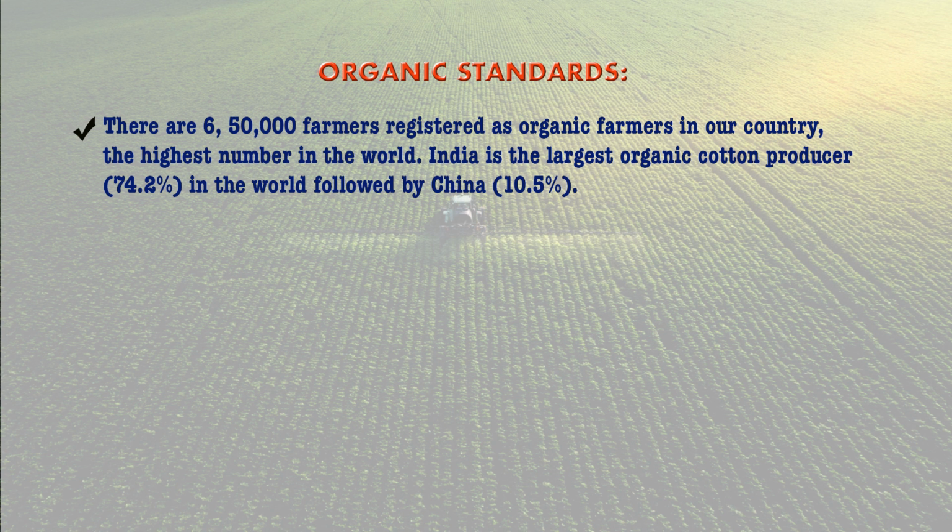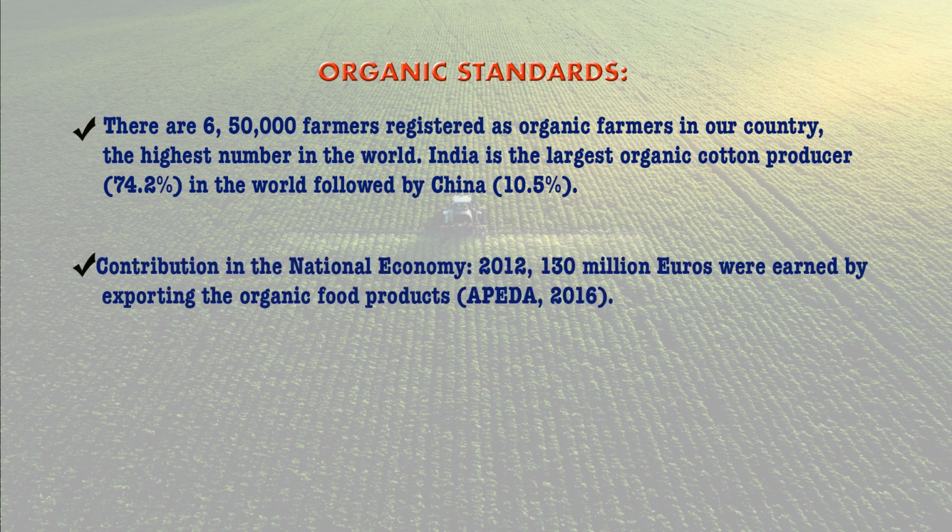India is the largest organic cotton producer at 74.2% in the world, followed by China at only 10.5%. And in the contribution to the national economy, in 2012, 130 million euros were earned just by exporting these organic food products alone. Now the numbers have increased to a very high extent.